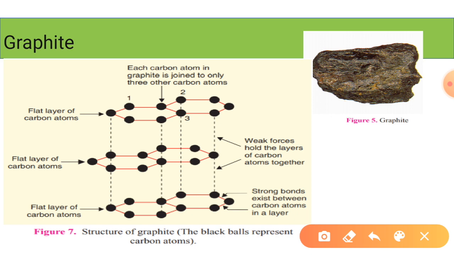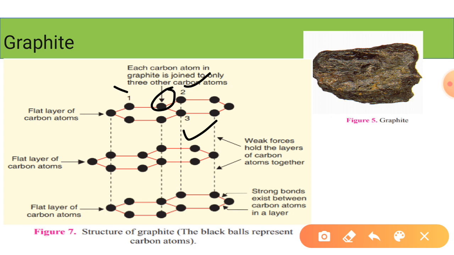Now students, all the reasons reside in its structure. So let's have a look at the structure. You can see on your screen the structure of graphite. Look, a graphite crystal consists of layers or sheets of carbon atoms. Each carbon atom in graphite is joined to three other carbon atoms. Here you can see, if you consider this as the central atom, now count first, second and third.